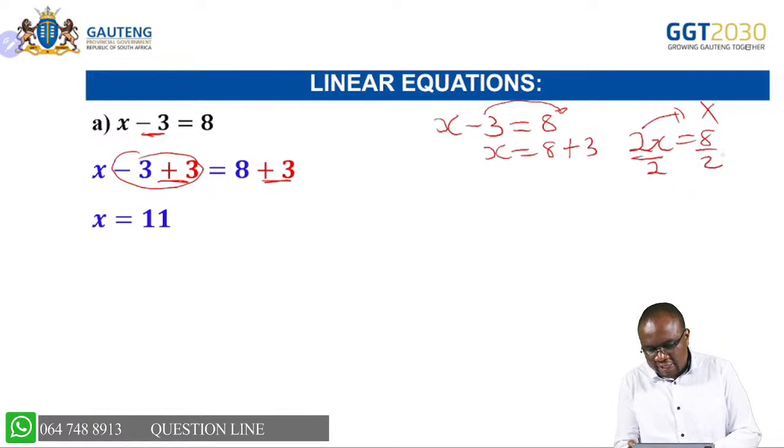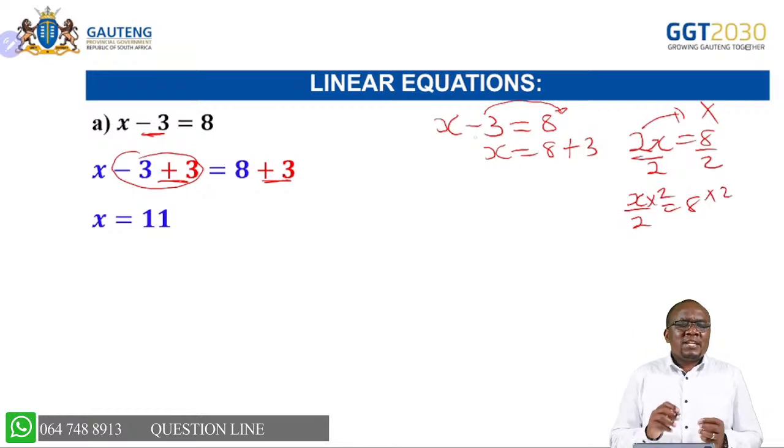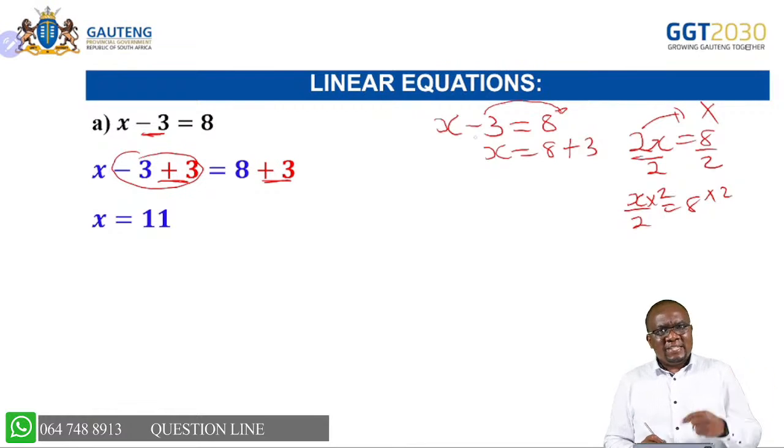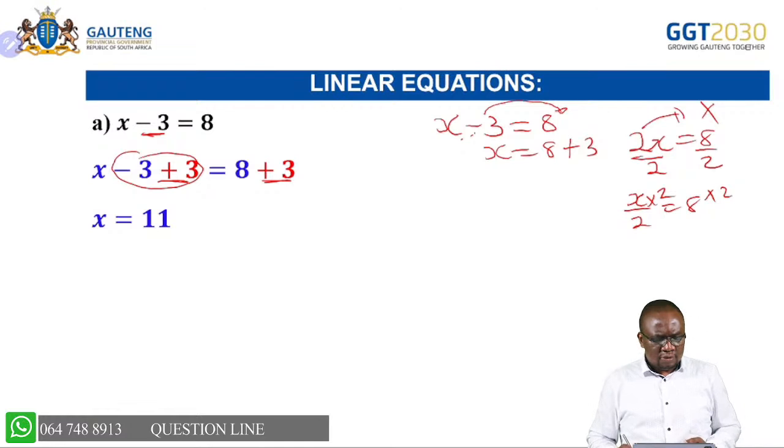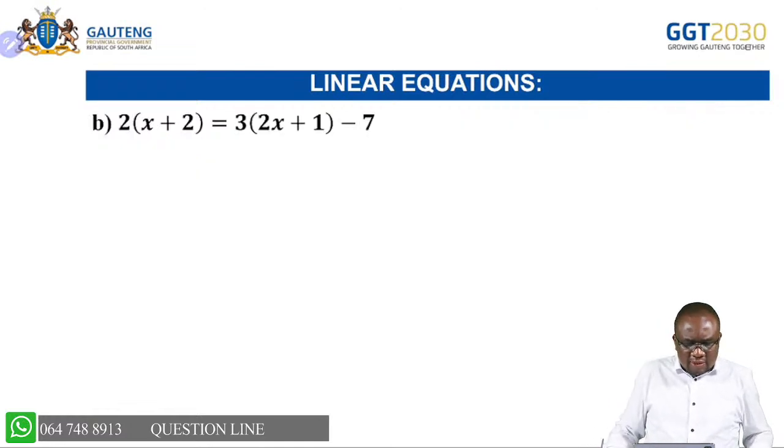Divide. If it's division, multiply. So this transposing can work if there's addition or subtraction like this. Please don't make those mistakes. Right, and then B. Did you manage to do B? What did you do?